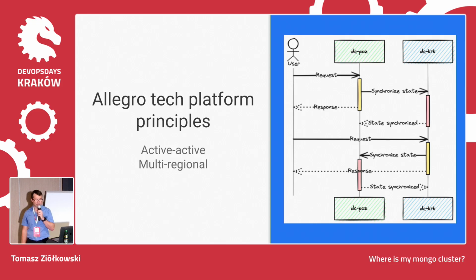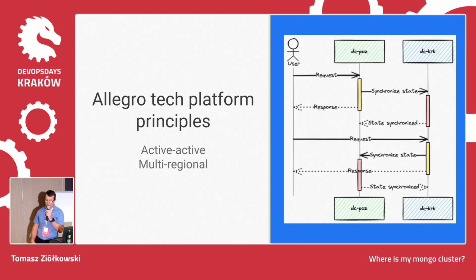The multi-regional active-active approach means that if you are a developer who deploys your own microservice, you have to be prepared that a request that comes even from a single user can be directed to one or the second data center.